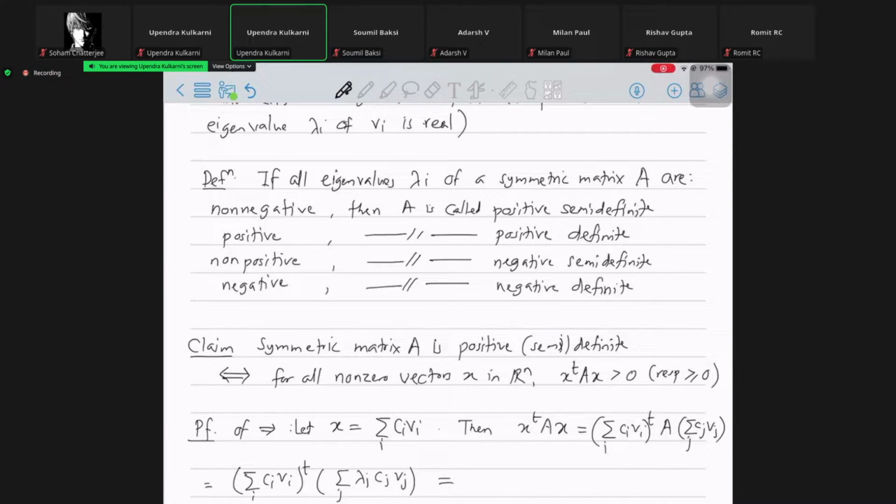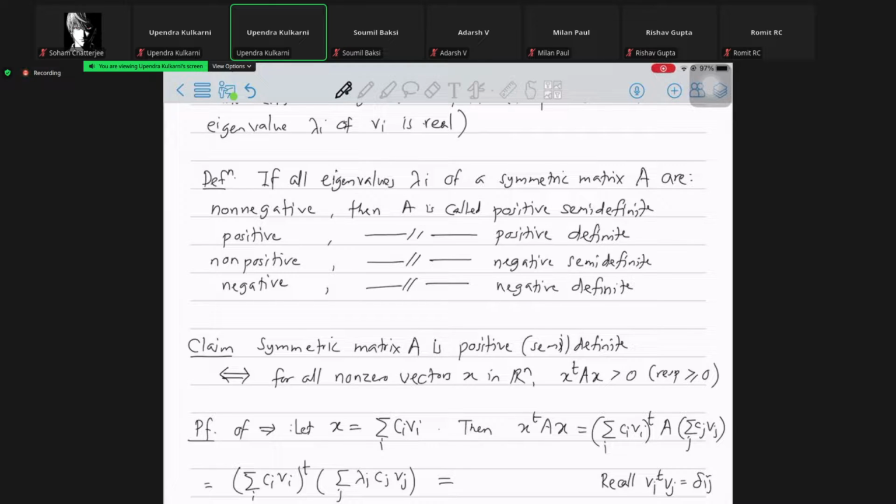Now what happens if I open the parenthesis? There are going to be n squared terms, correct? However, only n are going to survive. And why is that? The orthogonal property. Right, exactly. So recall that Vi transpose Vj is simply delta ij.